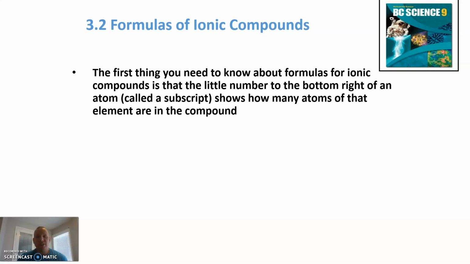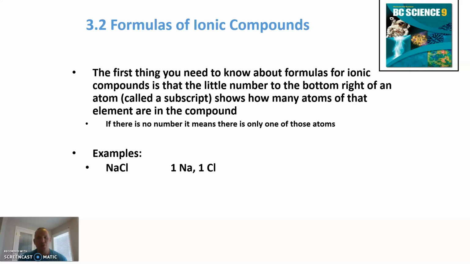So the first thing you need to know about writing formulas for ionic compounds is what those little numbers in the formula mean. Those little numbers at the bottom of the elements are called subscripts. They show how many atoms of that element are in the compound.